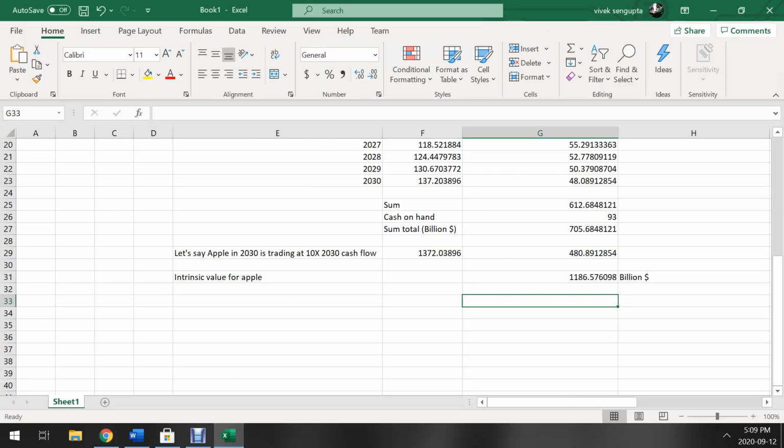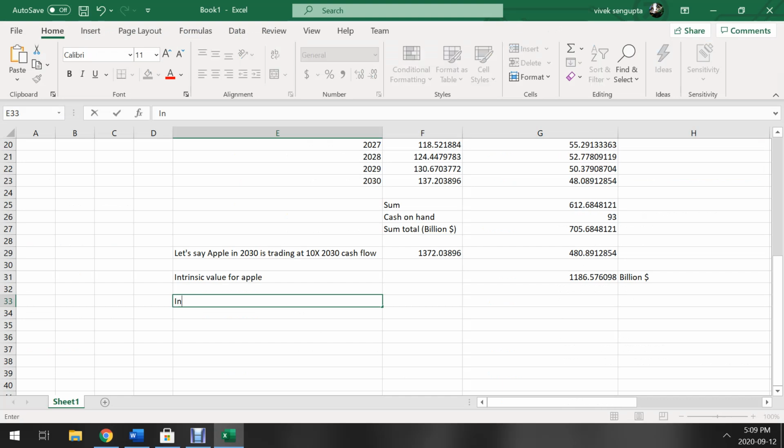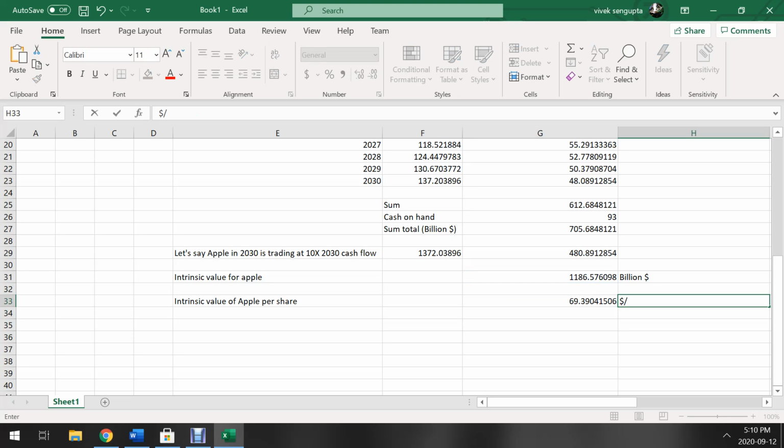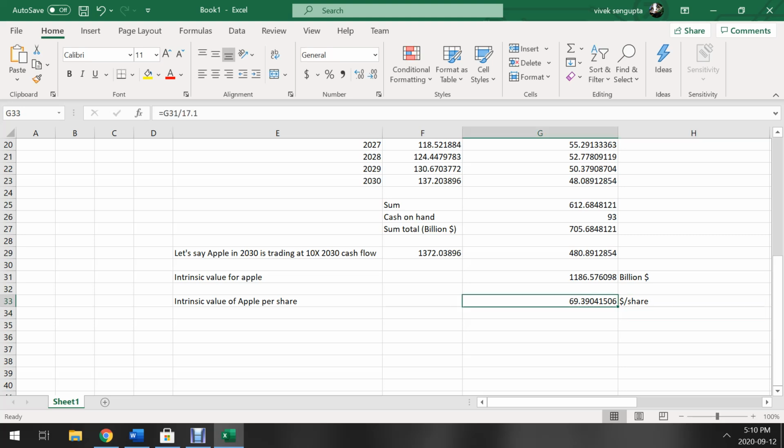So the intrinsic value of Apple per share will be, because both are in billions, we can just divide this by 17.1, and billion and billion will cancel, and that's dollars per share. Very important number, right? That's the intrinsic value of the Apple stock.